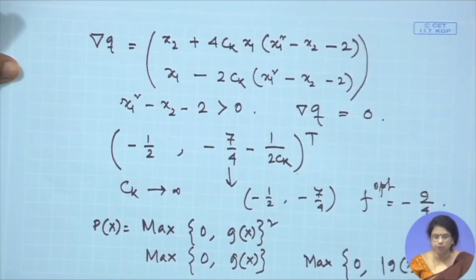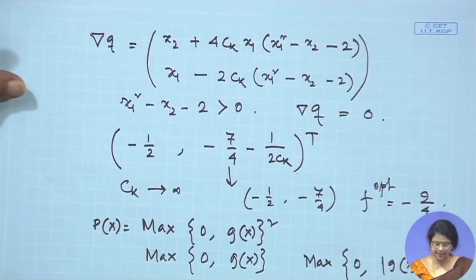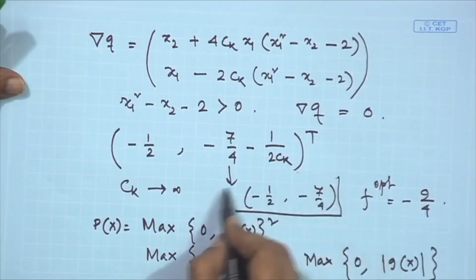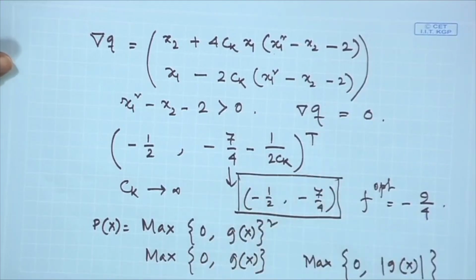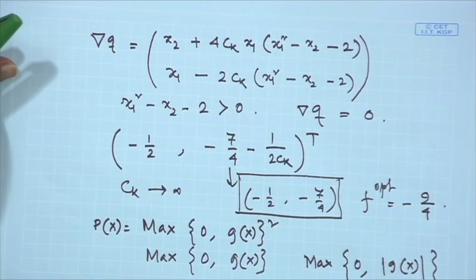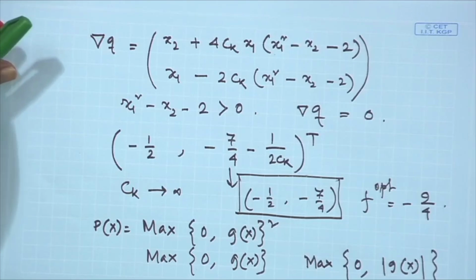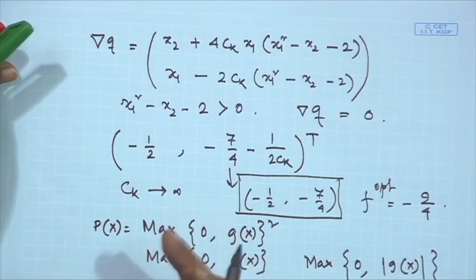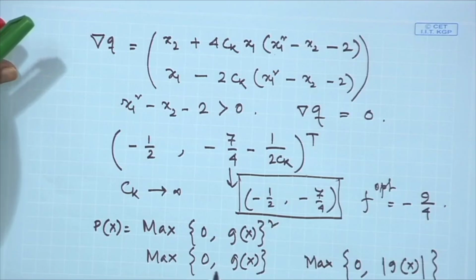For both the cases, see whether you are approaching the same solution or not. That exercise you need to do, because there is no single penalty function. The penalty function for the exterior penalty method can be different. If we change the penalty function, the pattern of q will change, but still we need to check whether we are reaching the same solution or not.